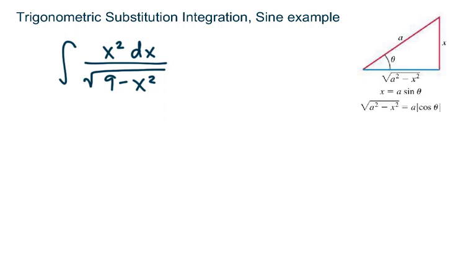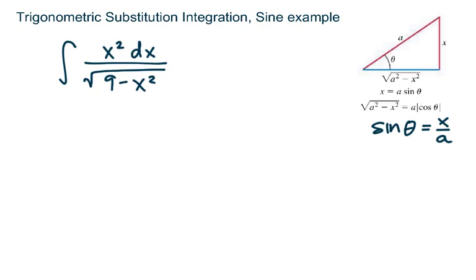It may help you to think about this as sine theta equals x over a. Considering theta, my reference angle, is in the lower left corner, and that sine is opposite over hypotenuse, we have x over a, and then by the Pythagorean theorem, we can determine the adjacent side at the base of my reference triangle.